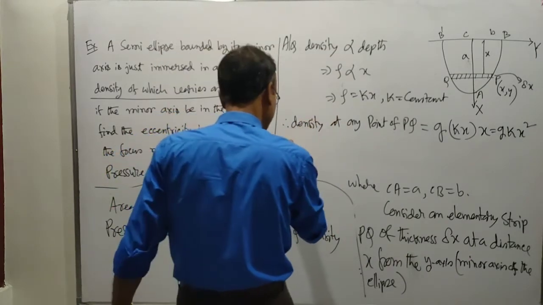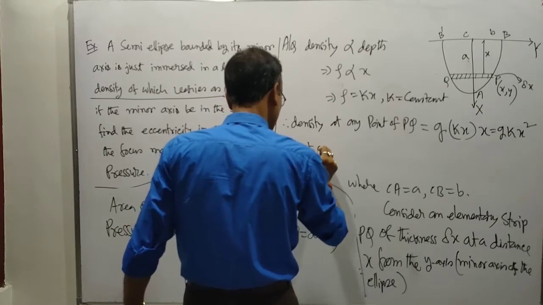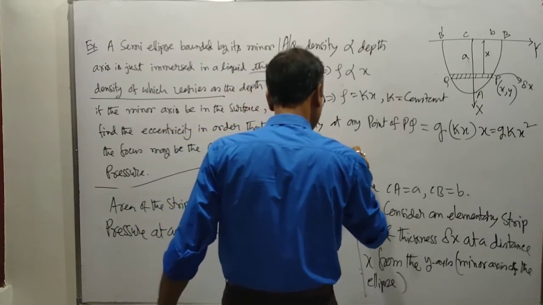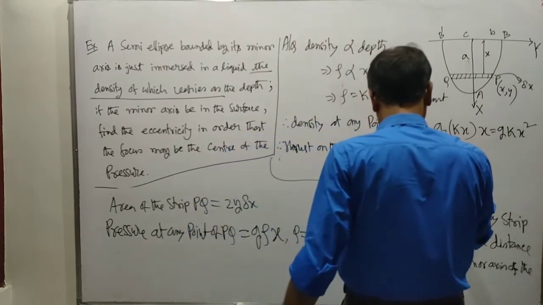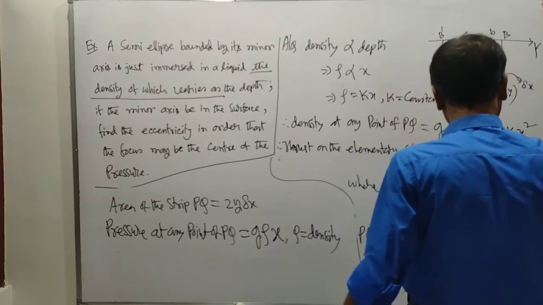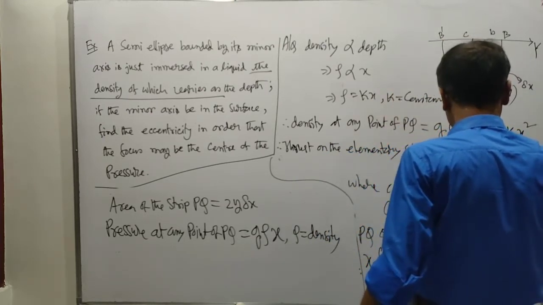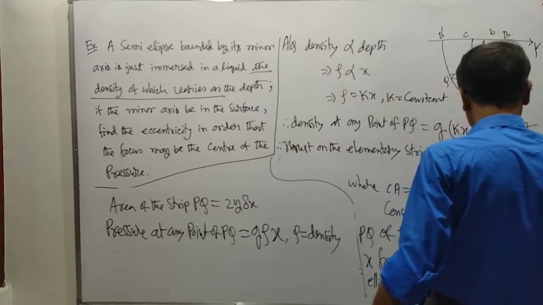Thrust on the strip PQ is equal to pressure into area.